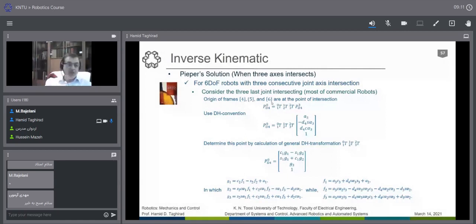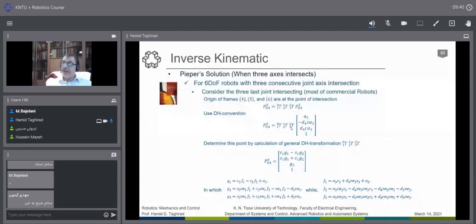As you see here, using, for example, the Denavit-Hartenberger convention or the Paul convention, or the Craig convention, we can find the position of the wrist point, which we call O4 here, as 3 consecutive homogeneous transformations.